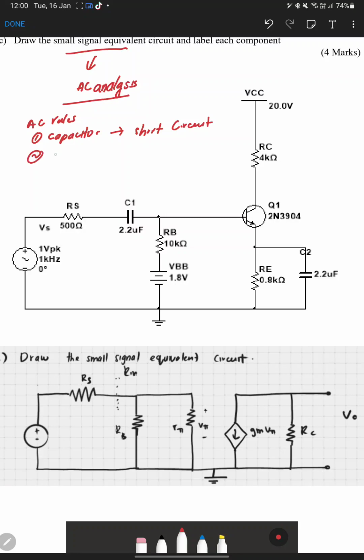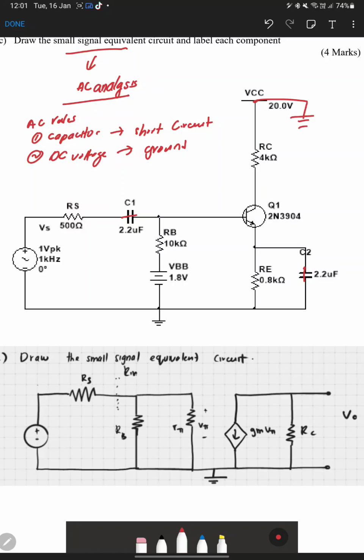If you have a DC voltage, you need to ground it. So here, we need to short capacitor C1 and capacitor C2, and then we make VCC become ground.